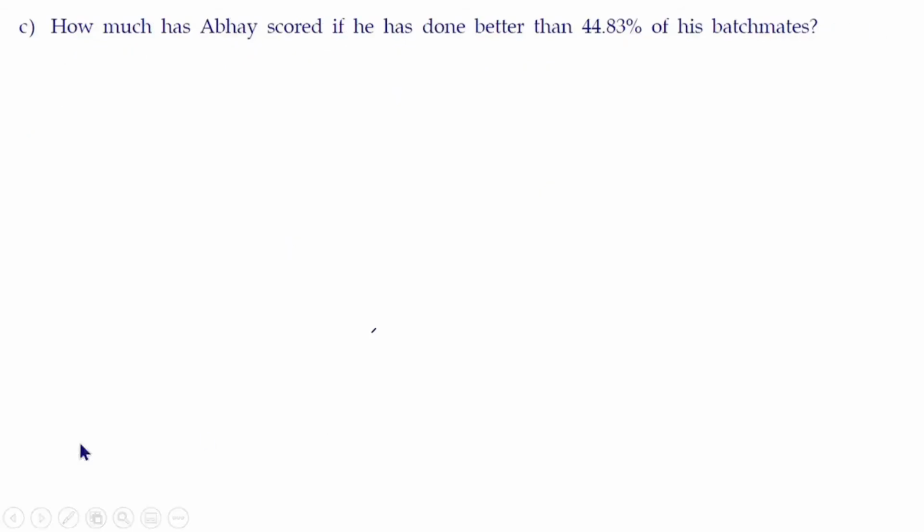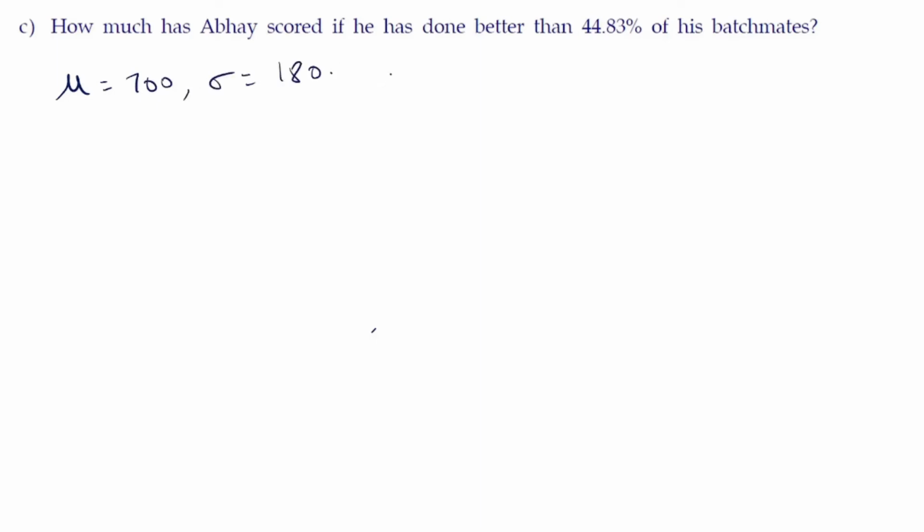The next one, how much has Abhay scored if he has done better than 44.83% of his batchmates? So this is slightly different. Here the z-score is given, and the mean is 700, standard deviation is 180.